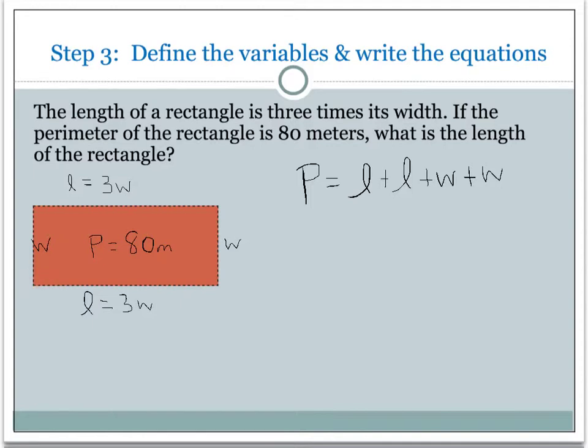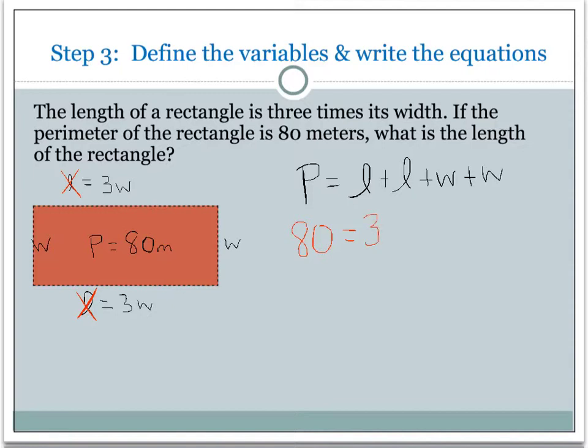So let's start plugging in some things that we know. First of all, our perimeter, P, is going to be equal to 80, so we can make that 80. We also know that instead of writing the L's, we could write them as 3W because they're equivalent to each other.